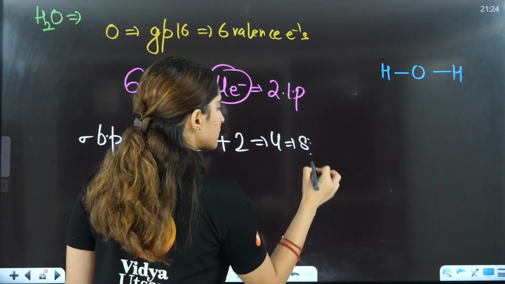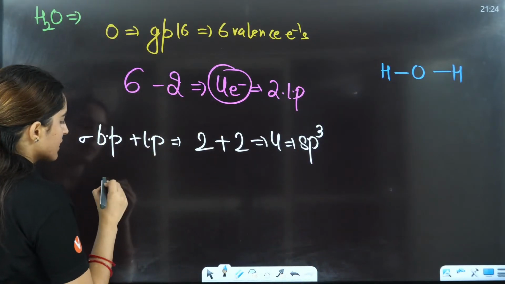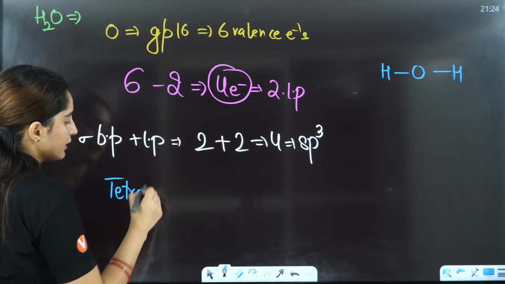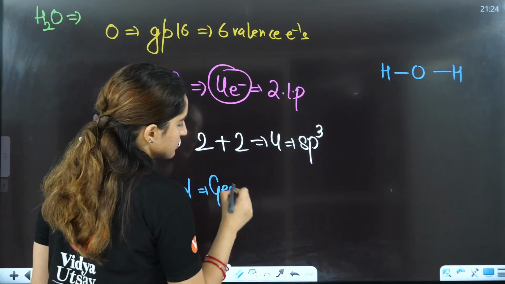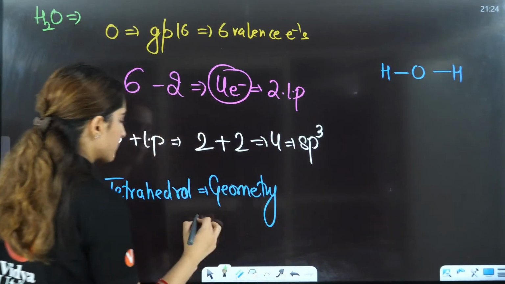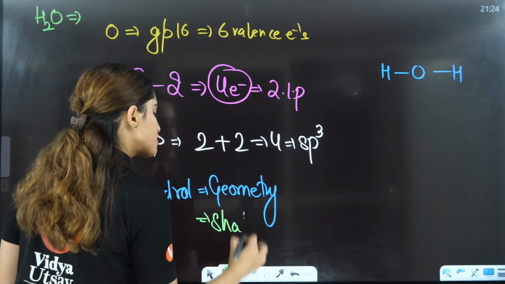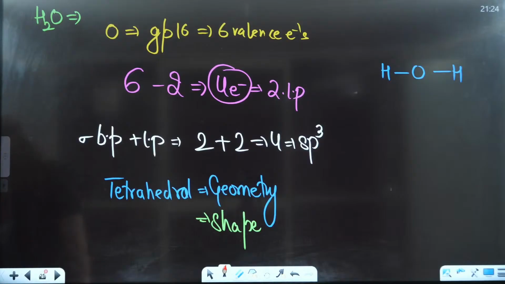That means sp3. So I can say that here definitely tetrahedral is the geometry. But what about the shape? Who will tell me that?